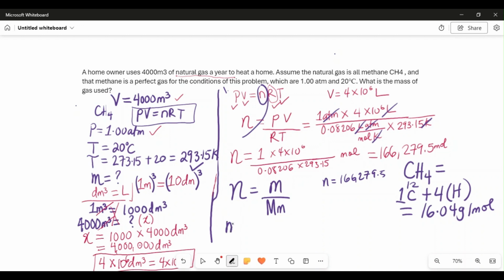To find the mass, we would just cross multiply and have the molar mass times the number of moles, and then we're going to get what the mass is.